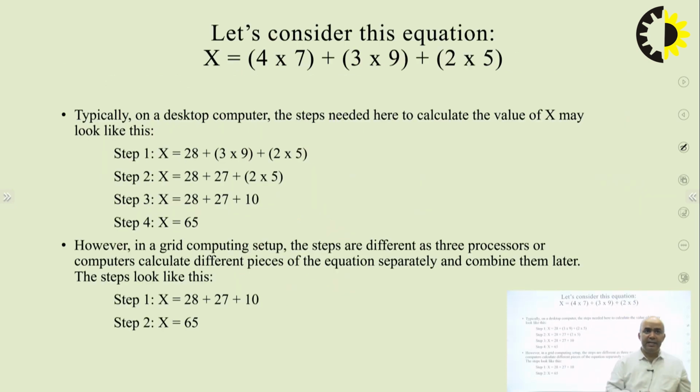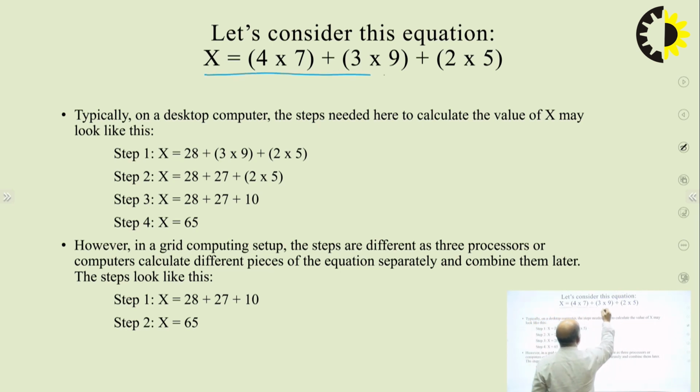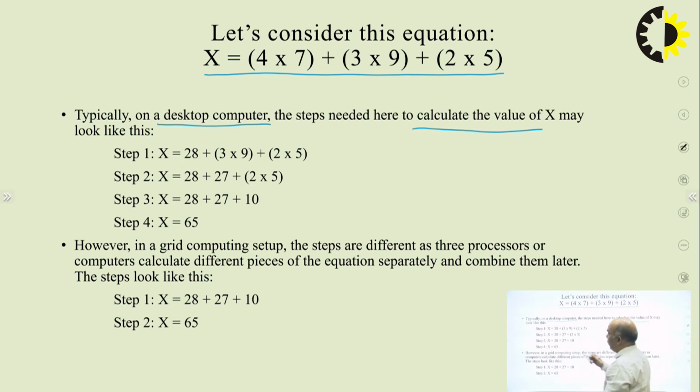Let us take an example. We consider a simple problem where x is equal to 4 into 7 plus 3 into 9 plus 2 into 5. Typically, if we use simple standalone desktop computers or laptops, we need to calculate the value of x, which may look like this.